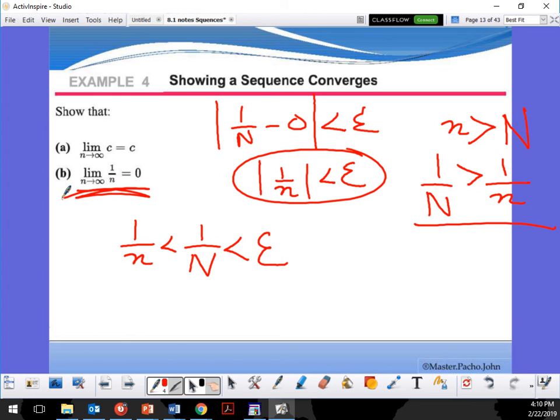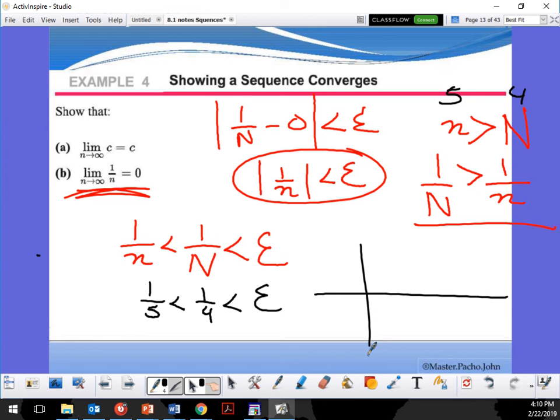Does that make a little bit better sense if I throw in some numbers? So if we said this was 5, 4, 1 over 5 is less than 1 over 4, which also should be less than my epsilon. And then in my graph, I have my limit is L here, because it's going to 0.